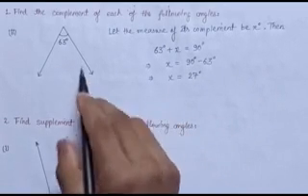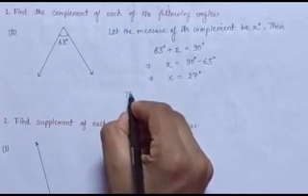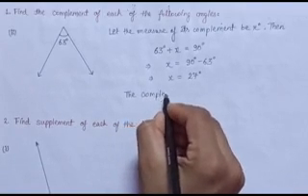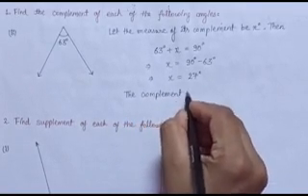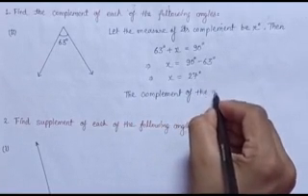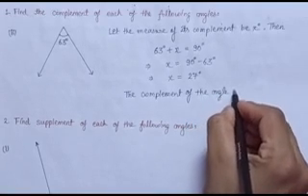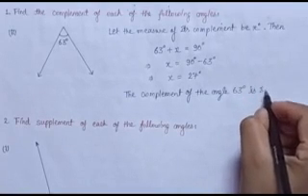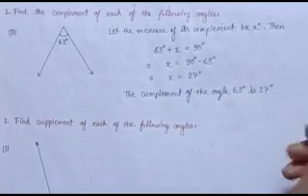It means we can say the complement of the angle 63 degrees is 27 degrees.